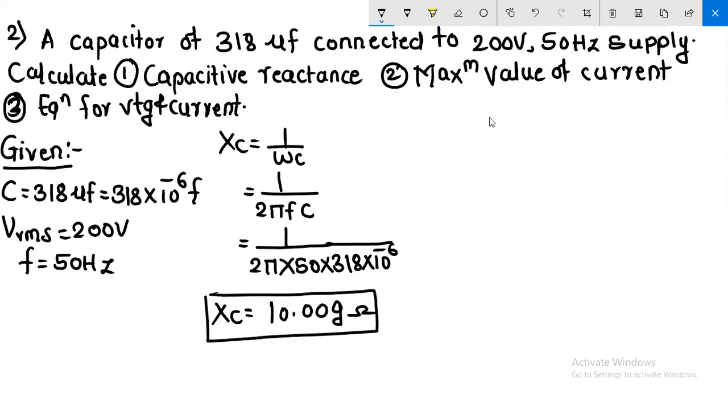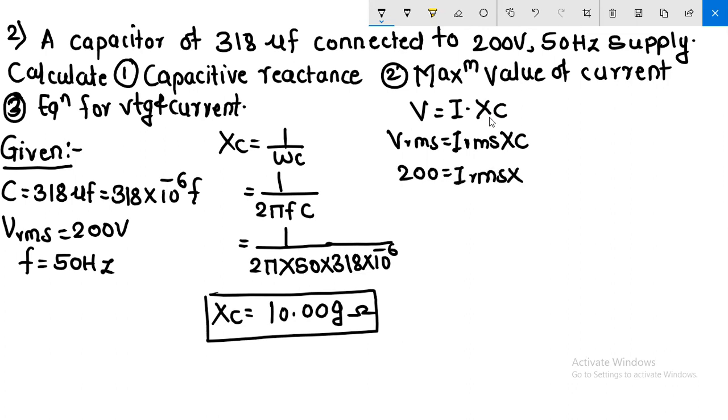Yes, sir. Now, what we need to find out? Maximum value of current. But whether we are having RMS value of current? No. So what is the formula? E is equal to I into Xc. So Vrms is equal to Irms into Xc. Vrms value is given 200, which is equal to Irms into Xc value we have calculated, 10.009.